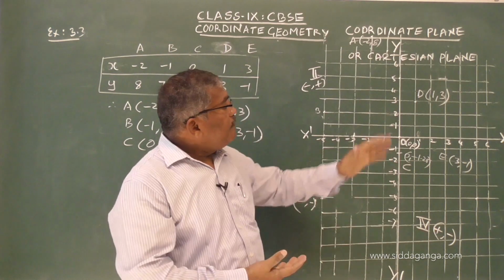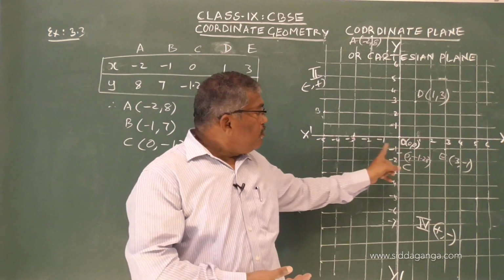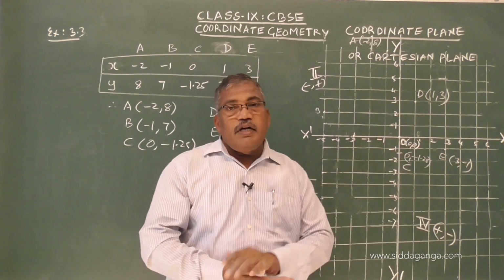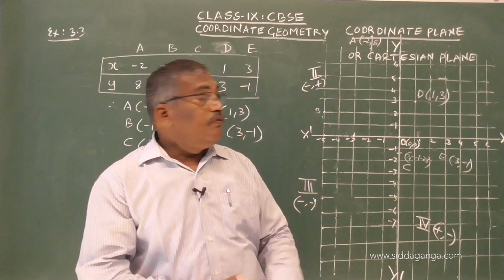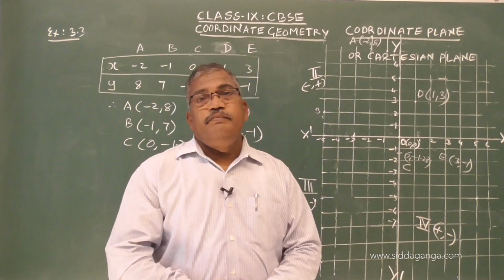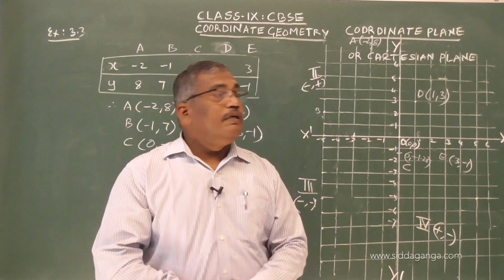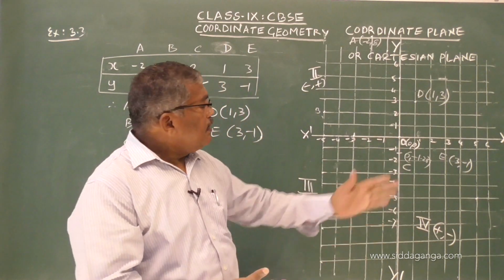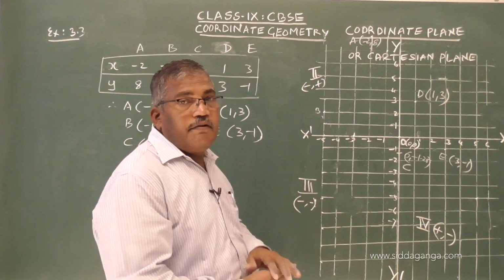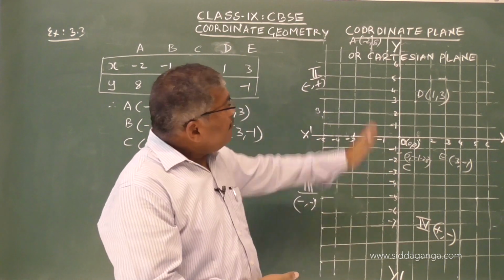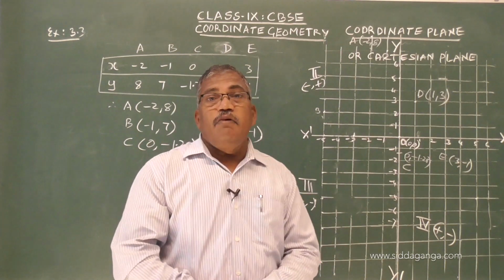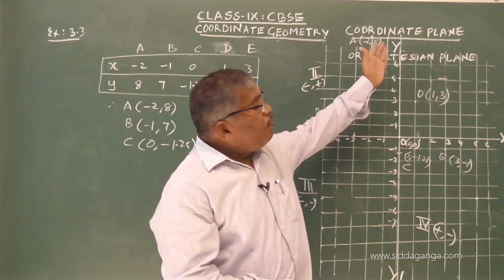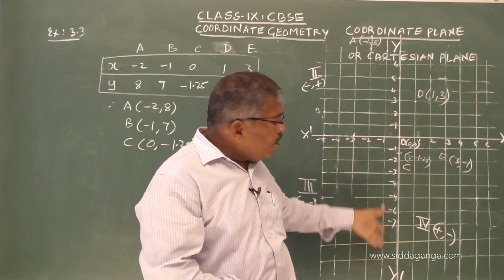Along the x-axis you write a number line with 0 in the center, positive numbers towards the right and negative towards the left. Similarly on the y-axis you prepare a number line, with 0 and above positive numbers, 0 and below negative numbers.